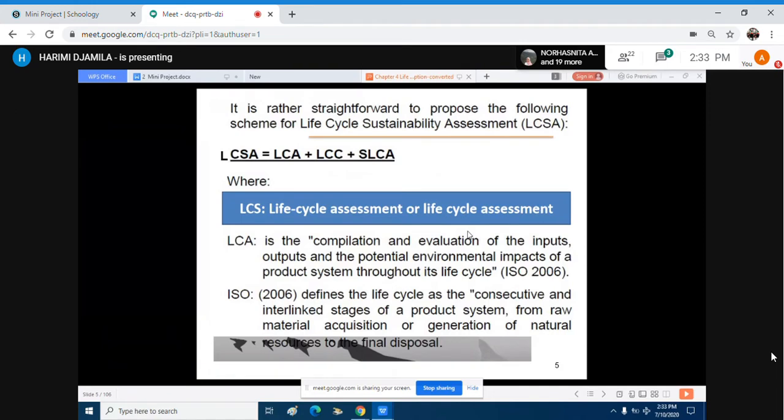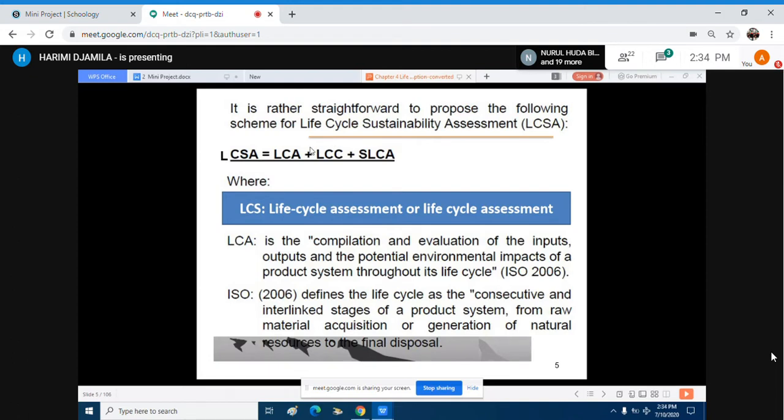When we talk about life cycle cost, the time method is life cycle energy consumption. If we want general information about the life cycle definition or concept, it has 3 components.